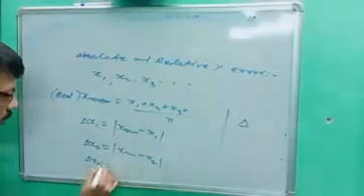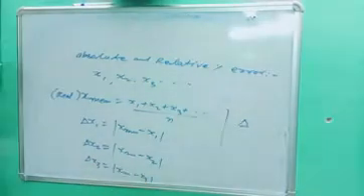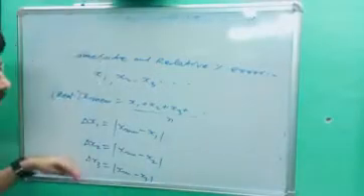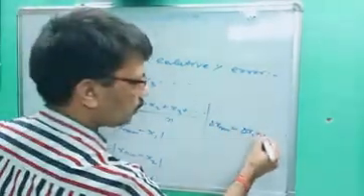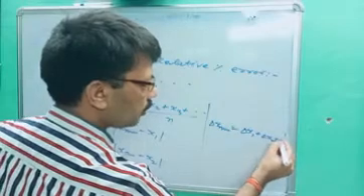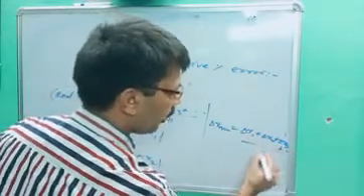Similarly del x3 is mod of x mean minus x3, and so on. So we get many errors. Now del x mean is equal to del x1 plus del x2 plus del x3 plus so on, divided by n.